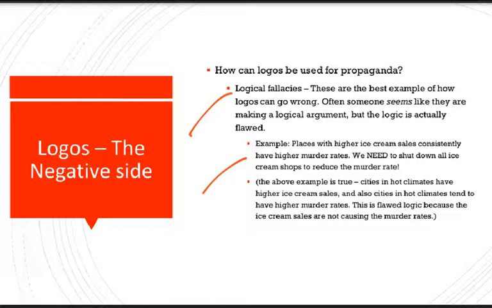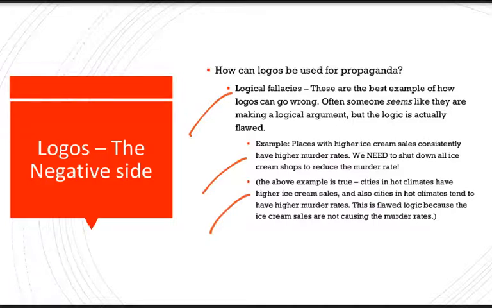But in reality, the reason this is true is not because of ice cream. It's because cities in hotter climates, hotter parts of the world, obviously have higher ice cream sales. People buy more ice cream when it's hot out. And also, cities in hot climates tend to have higher murder rates. People are outside more. Heat is known to cause, on a larger scale, just more violence.